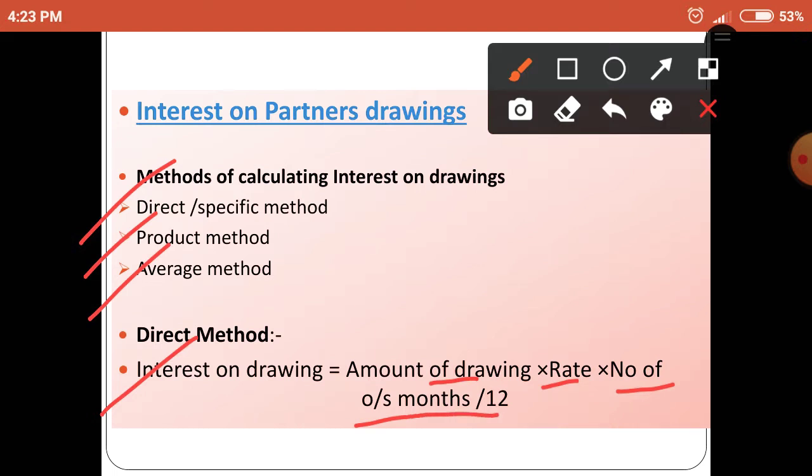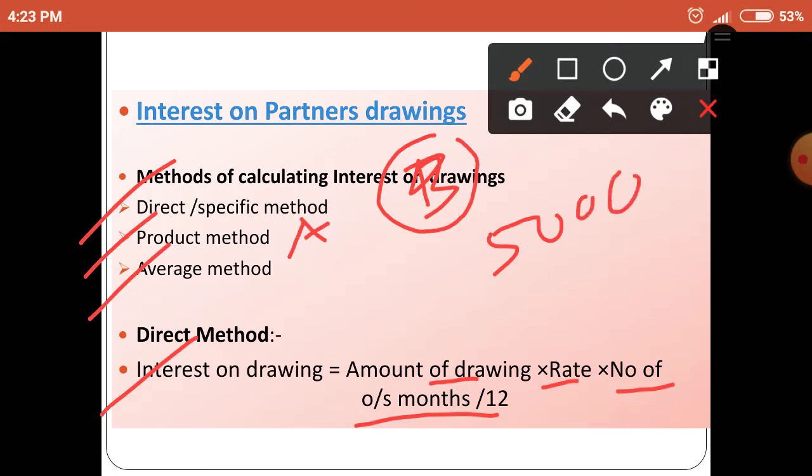Only the amount of drawing is given in the problems. Let's see, A and B are partners sharing profit and loss in the ratio of 3:2. B, a partner, withdraws 5,000 rupees in the month of August.